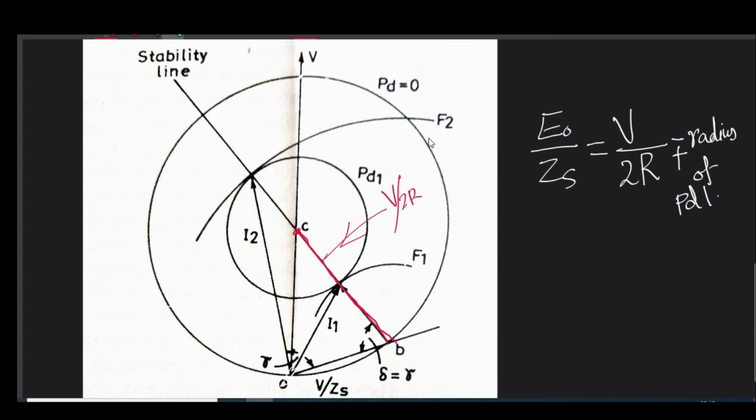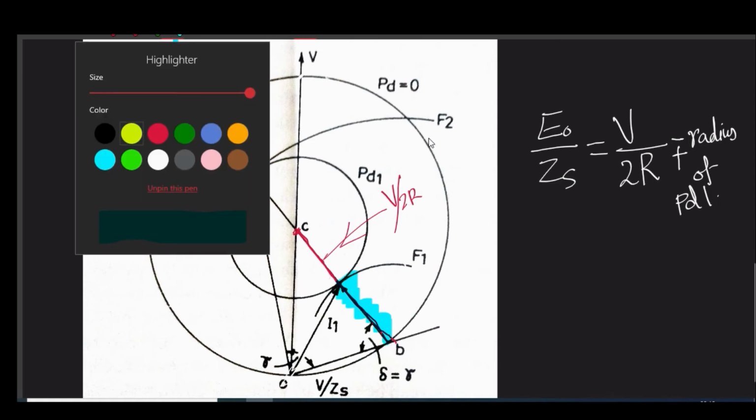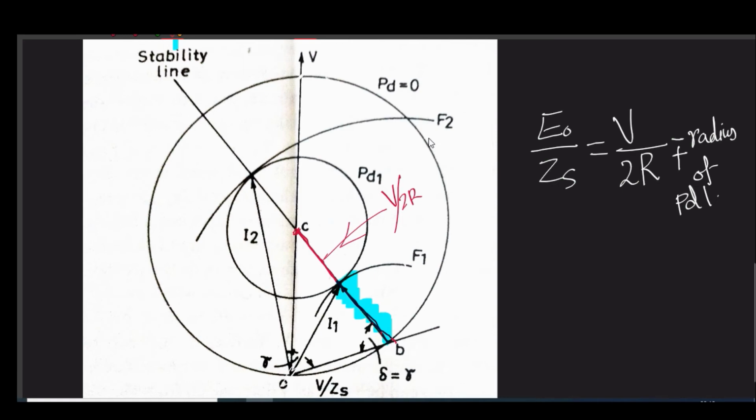So minimum excitation is given by this. And what about maximum excitation? Maximum excitation is given by this. So these are the two different values for a given power. This will give you the minimum and maximum value of your excitation that is permissible.